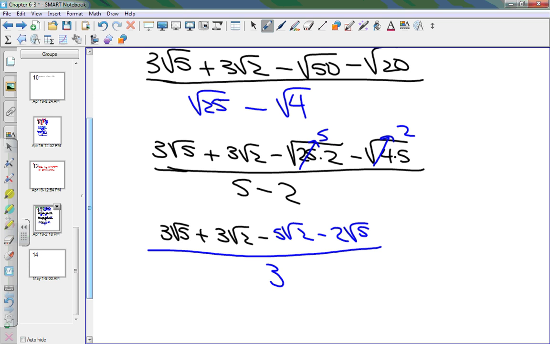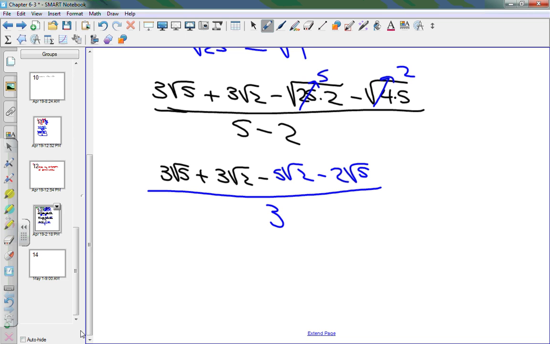Do I have any like terms up top? Do I have any like terms to my square roots of 5? Yes, I have minus 2 square roots of 5. So what's that going to give me? That gives me square root of 5. Did we see that? And do I have any square roots of 2? Sure do. What's 3 minus 5?